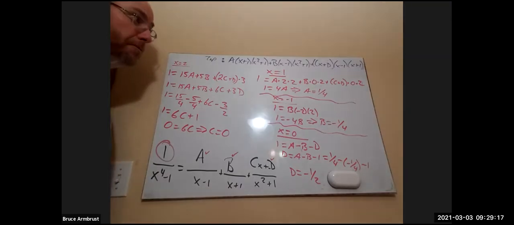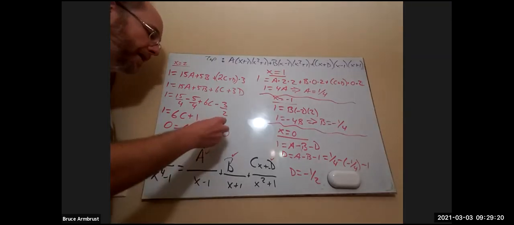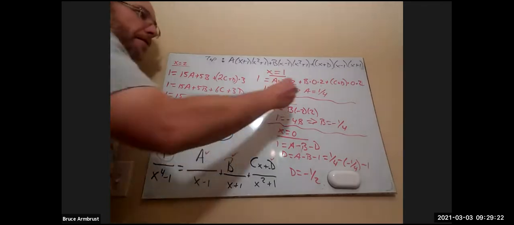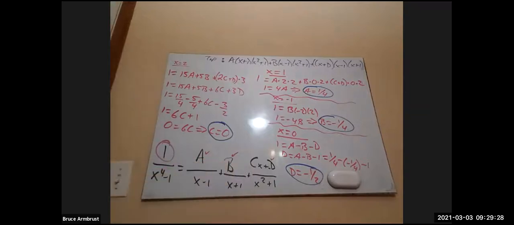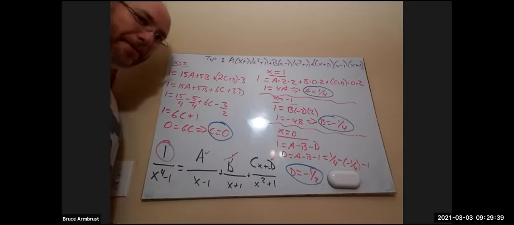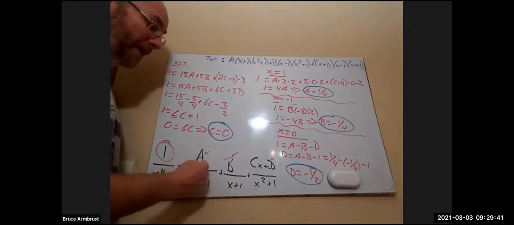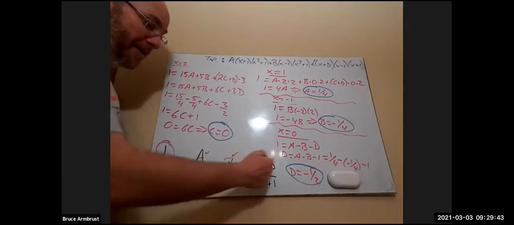Okay, cool. So we now know the 4 values for the pieces of our decomposition. But this is actually good news because now I can put those in for my A, B, C, and D.